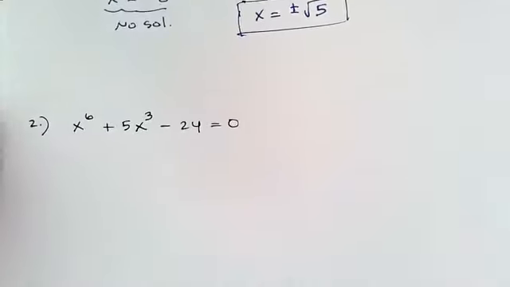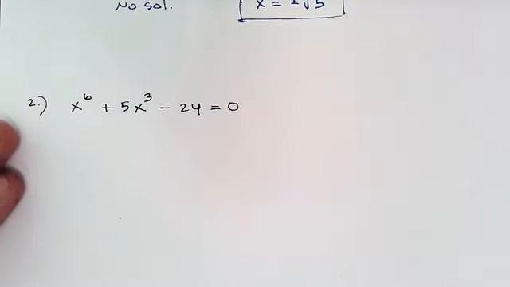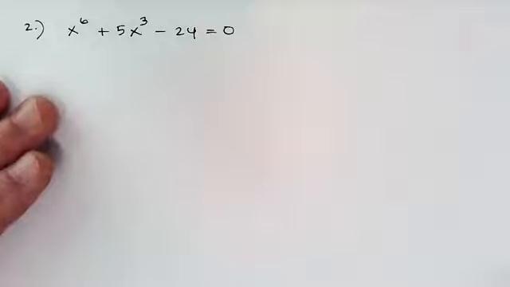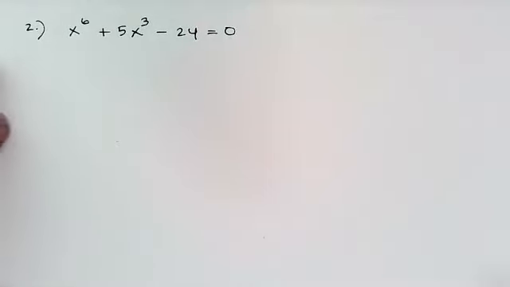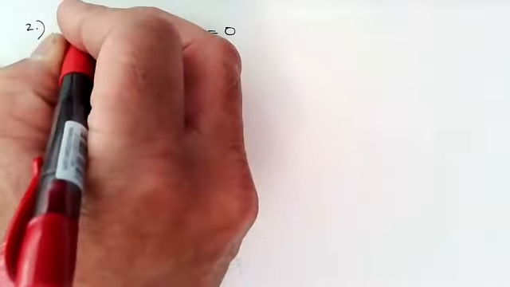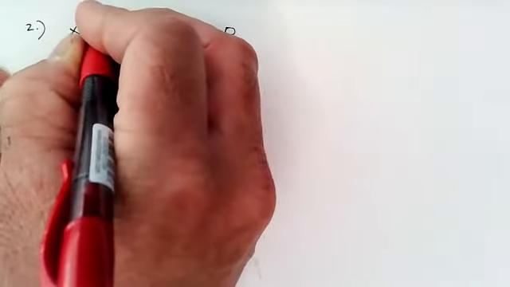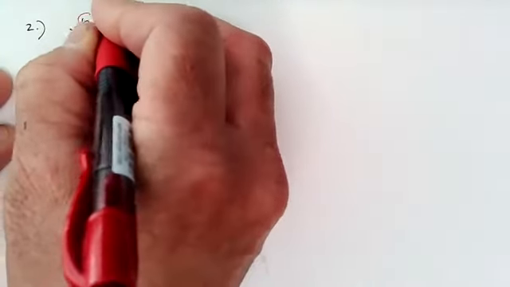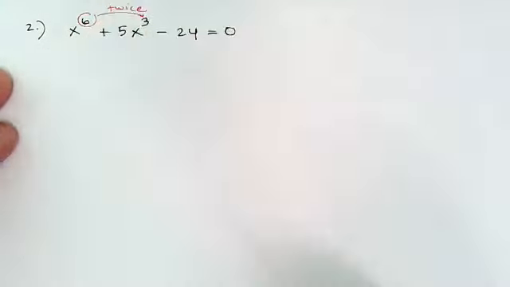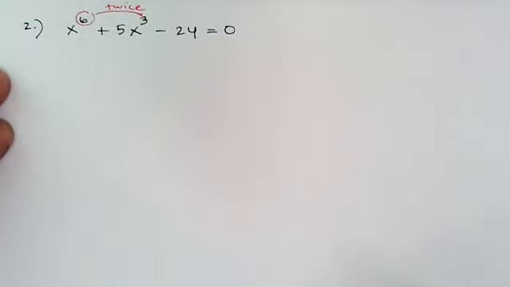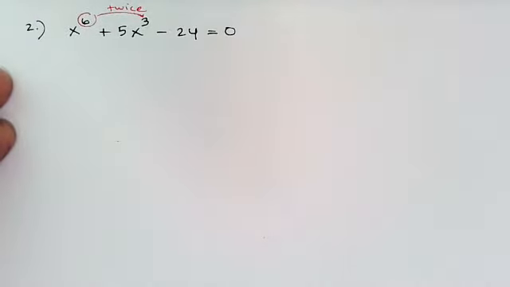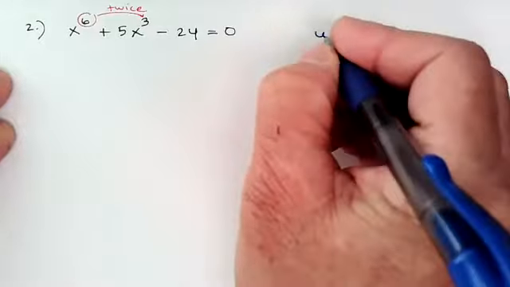Let's see a couple more examples of this. So I have x to the 6th plus 5x cubed minus 24 equals 0. I notice that the 6 is twice this power, so I know it has quadratic form. I'm going to let u equal x to the 3rd.